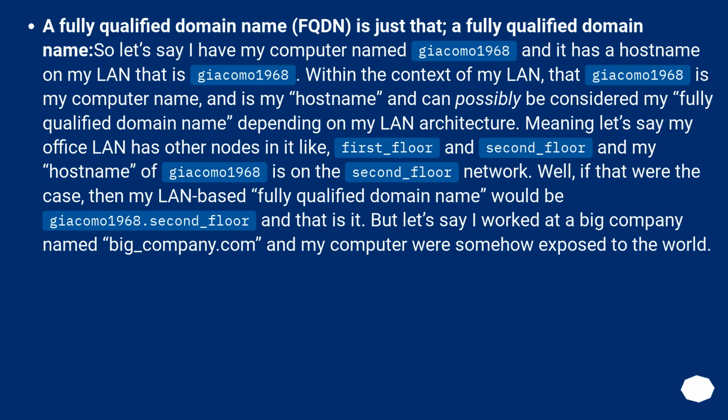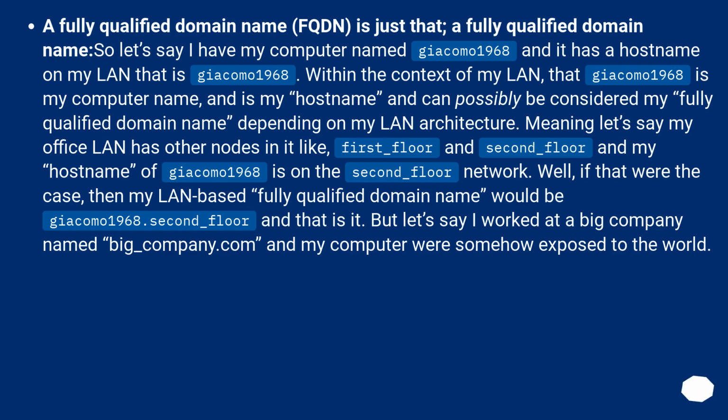A fully qualified domain name, FQDN, is just that, a fully qualified domain name. So let's say I have my computer named Giacomo1968 and it has a hostname on my LAN that is Giacomo1968. Within the context of my LAN, Giacomo1968 is my computer name, and is my hostname, and can possibly be considered my fully qualified domain name depending on my LAN architecture.